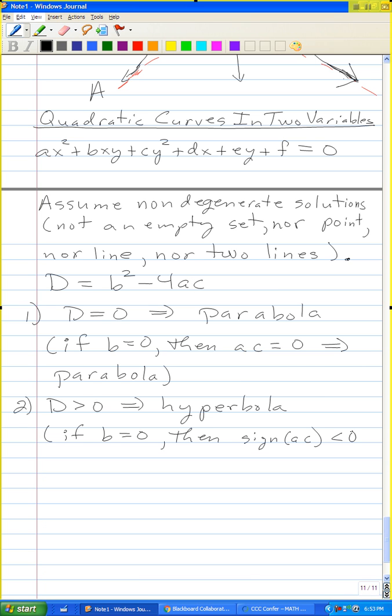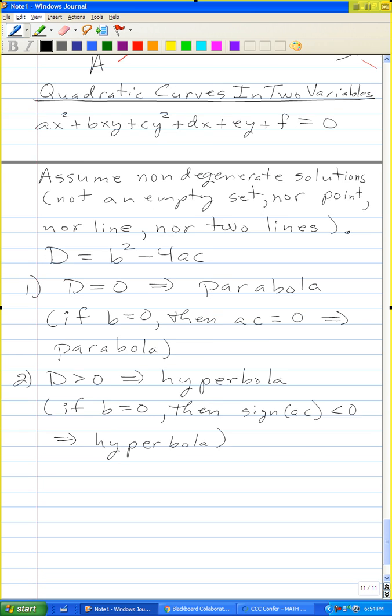So if b is 0, and the signs of the squares are different, then we have a hyperbola. So in the first case, if we only have one square term, then it's a parabola. If the signs differ, then we have a hyperbola.